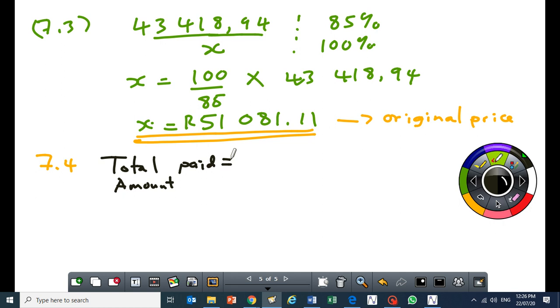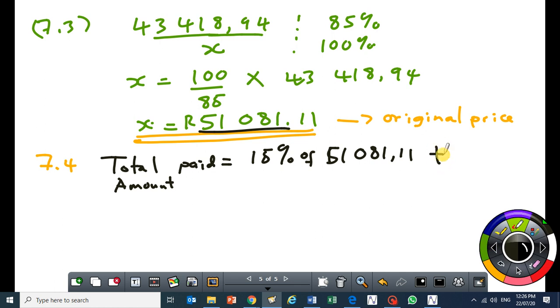It will be equal to 15% of this amount, which is 51,081.11, plus the monthly payments. They are 800 rand times 72. Times 72.